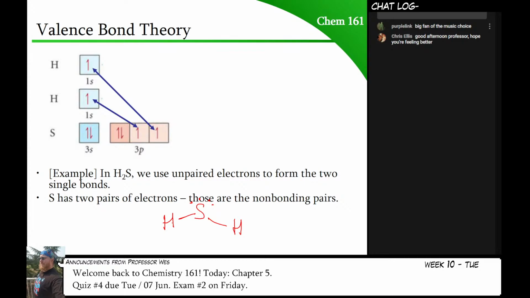So I could pair the H with one of the unpaired electrons on my S. I could pair the other H with the other unpaired electron on my sulfur. And then these would just be my non-bonding pairs of electrons. And so when I get this, that's these guys right here.